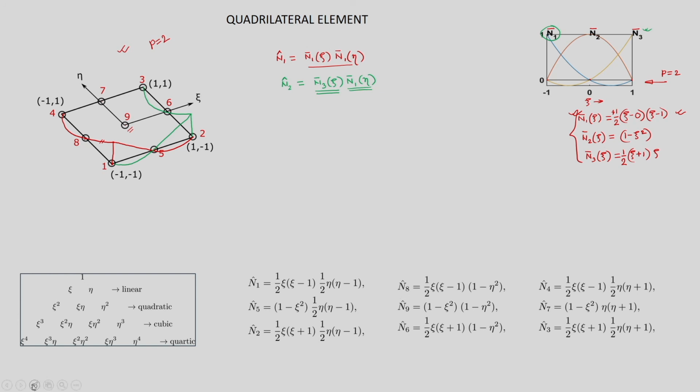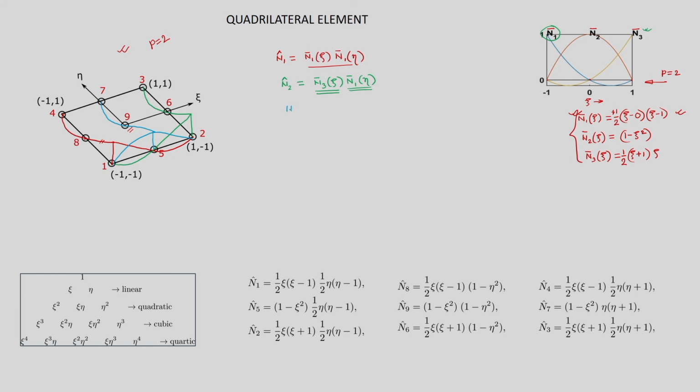Now what about N5? N5 is 1 here, alright. So along xi, this is same as the second shape function in xi, and in the eta direction it is same as the first shape function in the eta direction.